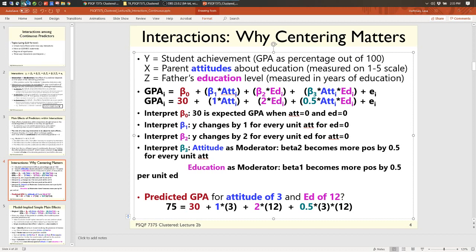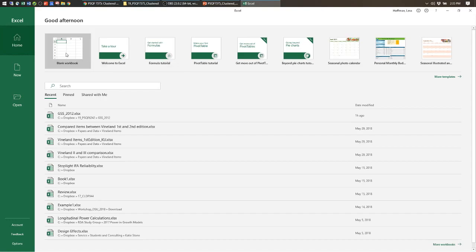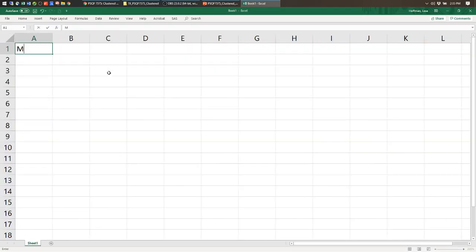So let's practice for a second here. Going out of the handout, because this is really easy once you get the hang of it. Getting the hang of it can sometimes take a bit. So what if I had a main effect of x, and I have a main effect of z, and I have an interaction.